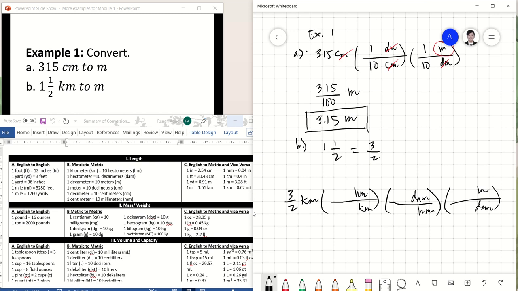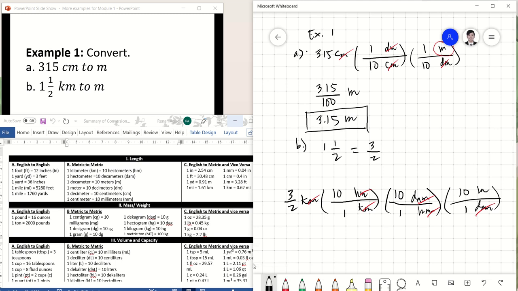Looking at our conversion factors, 1 kilometer is 10 hectometer, 1 hectometer is 10 decameters, and then 1 decameter is 10 meters. So kilometer, hectometer, and decameter will be cancelled out already.